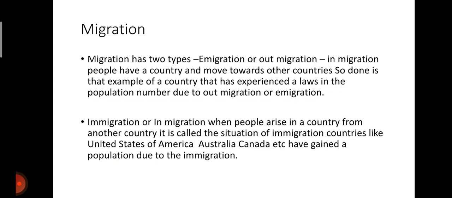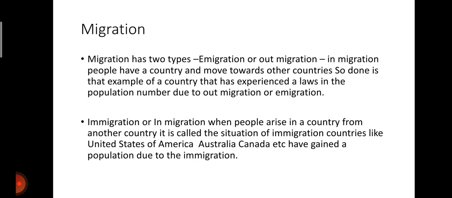Means we can understand migration. It has two types. First is internal migration and second is external migration. External migration is known as international migration. It happens between two countries. Means when people go from one country to another country, it is known as international migration.